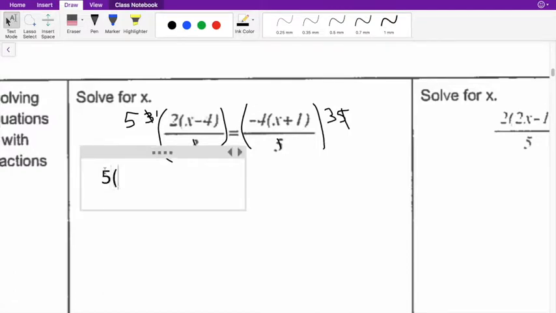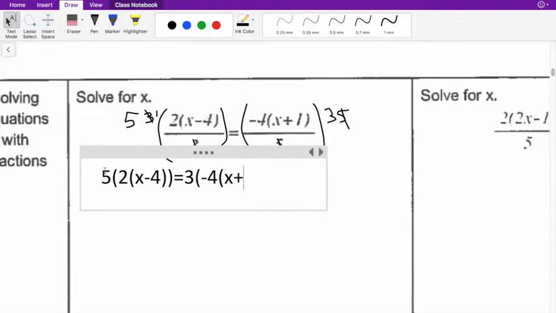5 outside of 2 bracket x minus 4, and I gotta do double brackets there, which therefore equals, I'll bring that 3 over because that's where we usually see it, negative 4 bracket x plus 1.